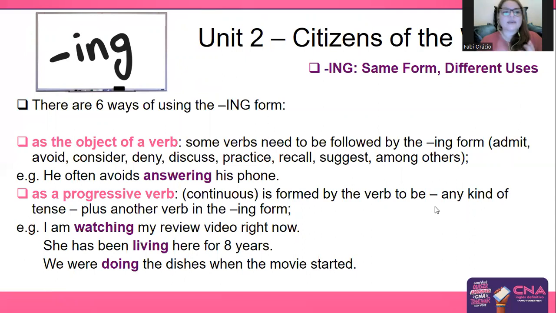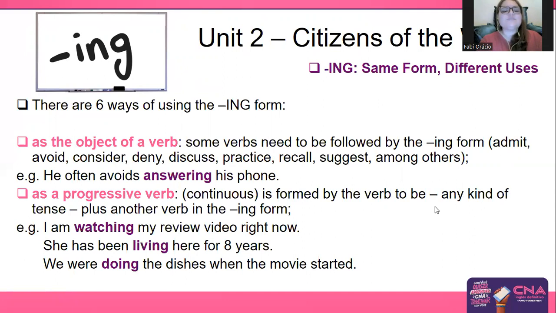These are the verbs: admit, avoid, consider, deny, discuss, practice, recall, suggest, among others. We have others, okay? For example, he often avoids answering his phone, which means these verbs can only be followed by the ing form, okay? You will see more in the next slides.